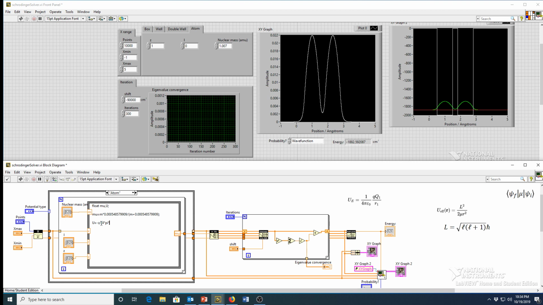Those are the unit systems we're using. Work that out beforehand, comes out to this. And then times the distance between the particles, or the distance between the nucleus and the electrons, r, which we've not defined yet.